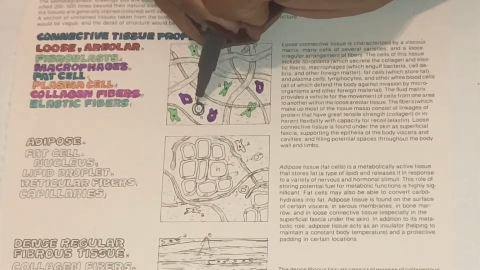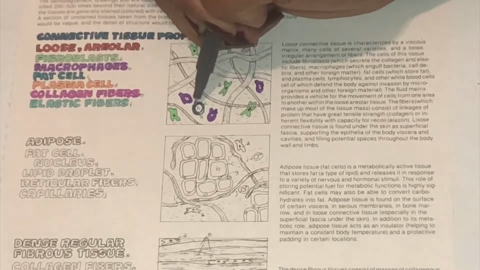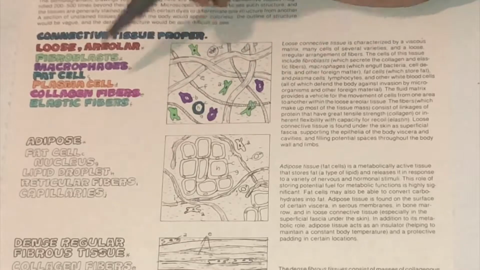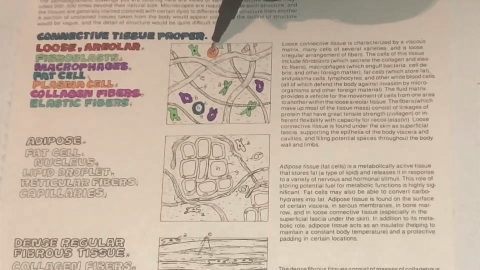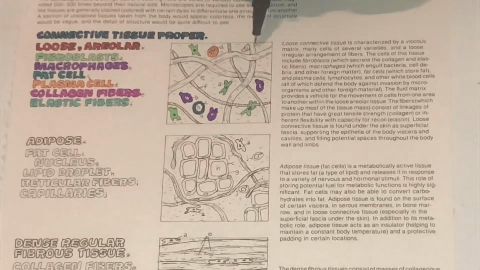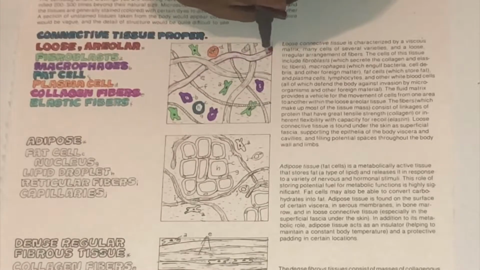The fat cell, that's in a teal type color. And right now I'm coloring in the plasma cell. And now we're going to get at these collagen fibers.